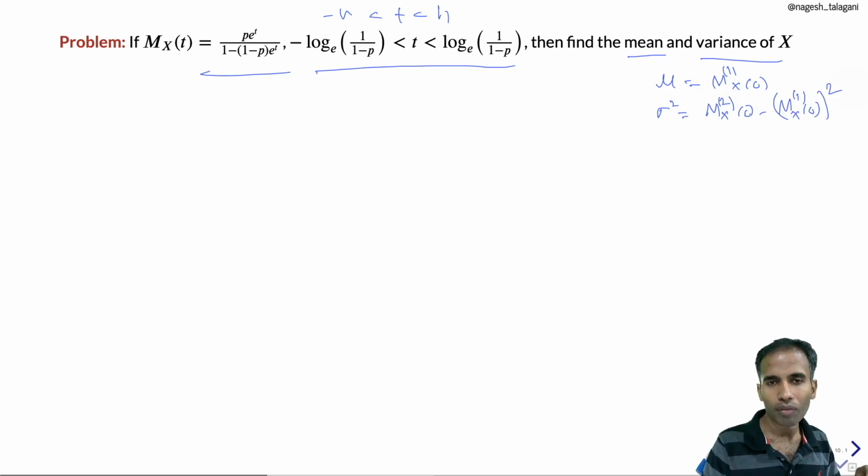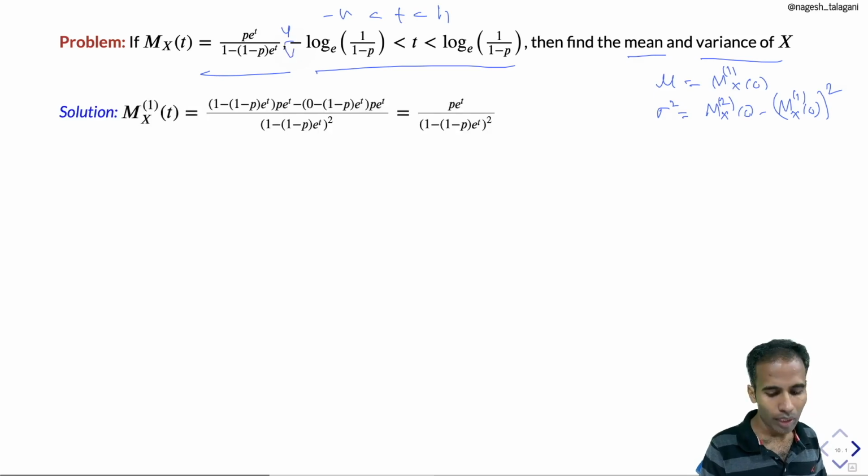First, to find the mean, we need the derivative of the MGF. Let us differentiate the MGF with respect to t. Here the MGF looks like u by v form. Let's apply the quotient rule, that is, v u dash minus v dash u by v square. Here u is p e power t, and v is 1 minus of 1 minus p e power t.